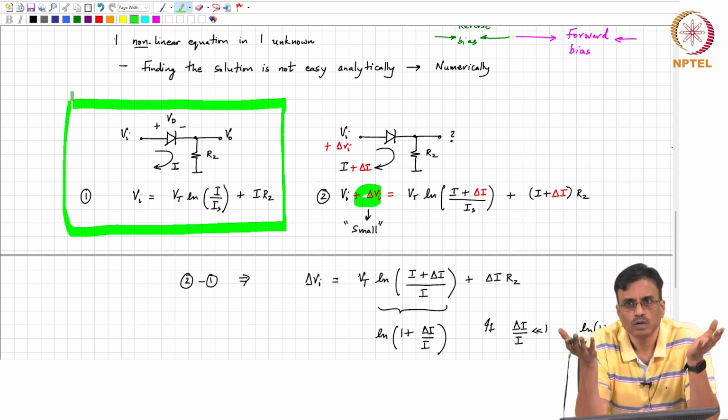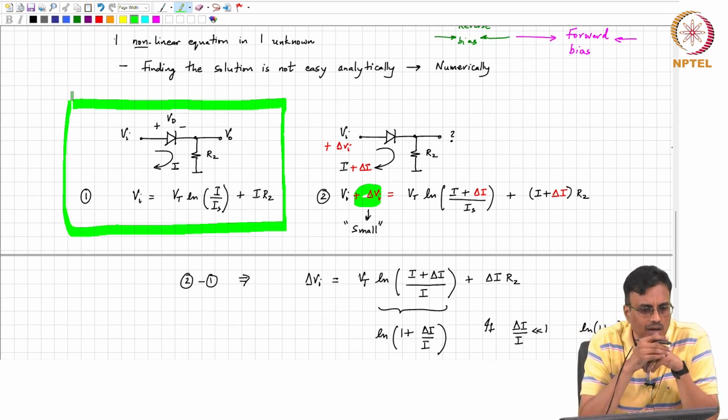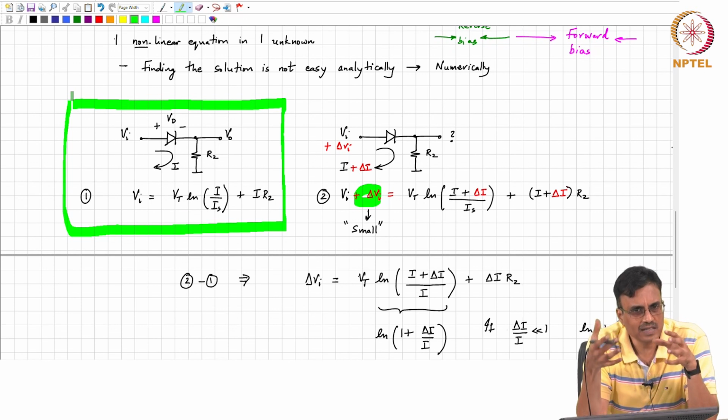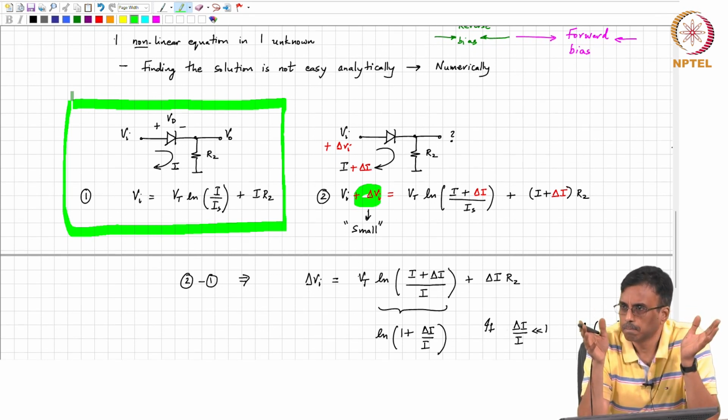So, what do you do? How would we solve it then? Well, just like we did in the simplest case, we will take the system of equations into your favorite mathematical tool and solve the equations numerically.